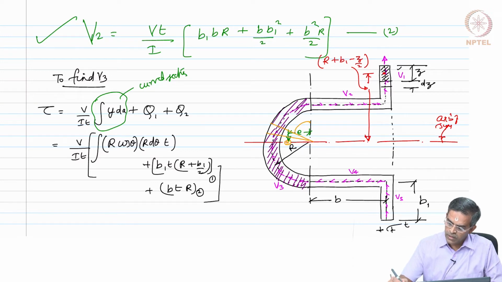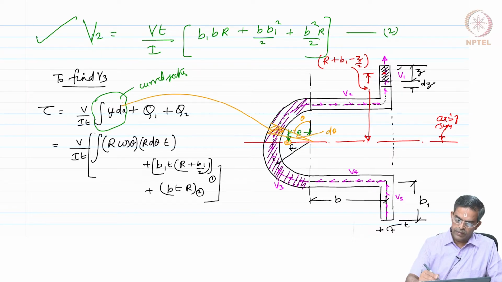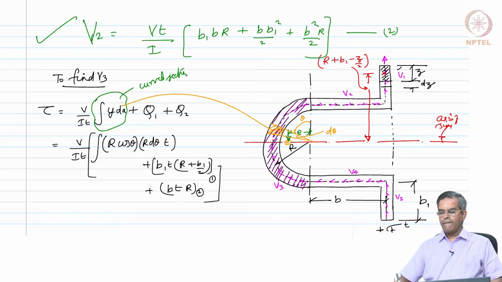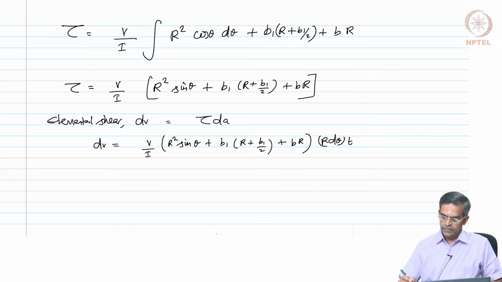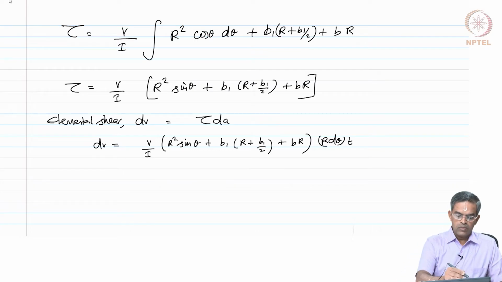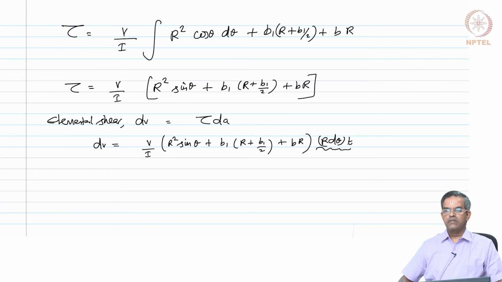We know this is theta and this angle is d theta. So, this r d theta is very clear from there.